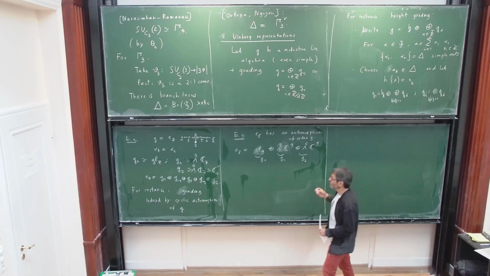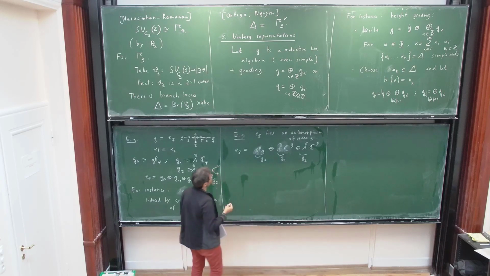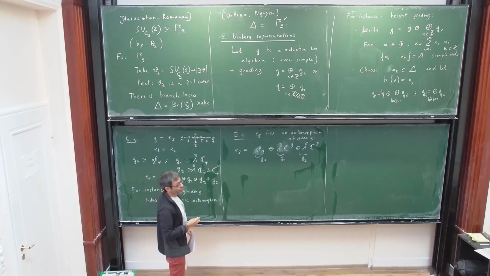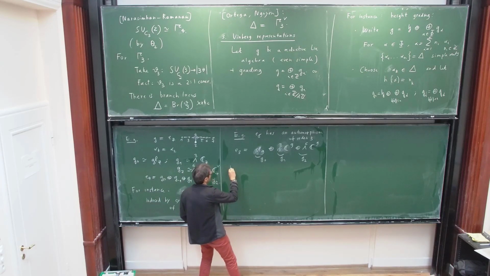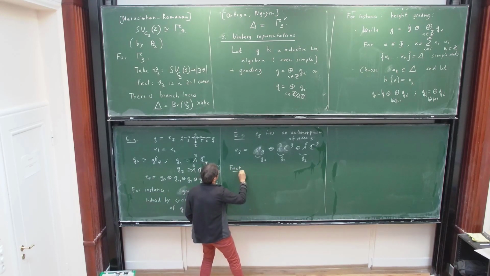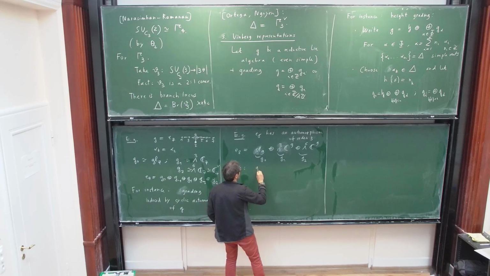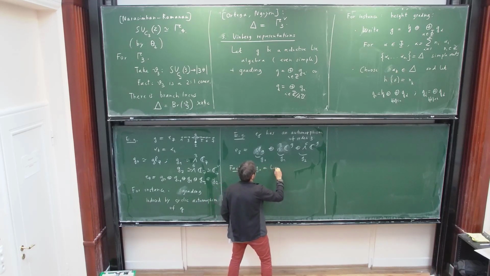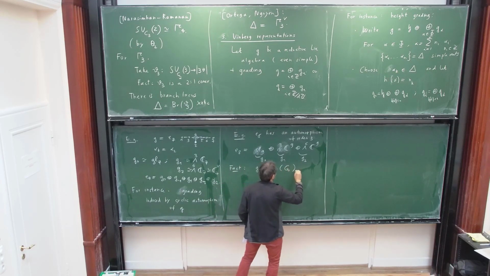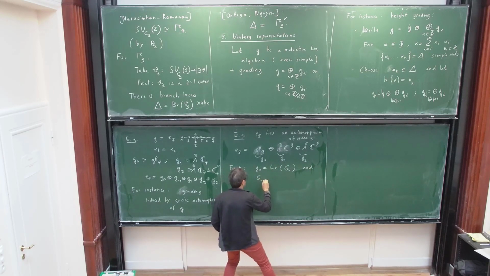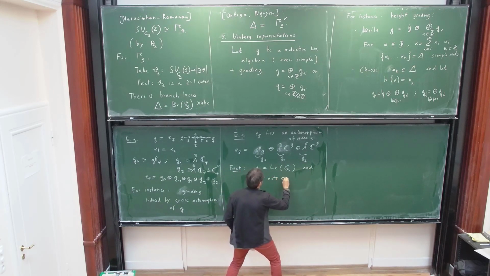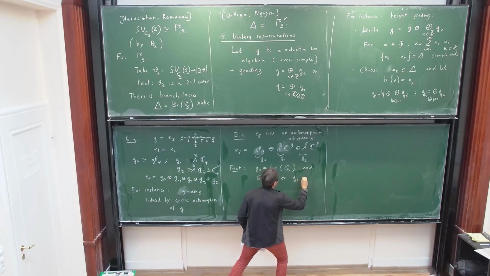And so one nice thing about these gradings is that for Z gradings, G0 is the Lie algebra of some group V, and G0 acts on G1 with finitely many orbits.